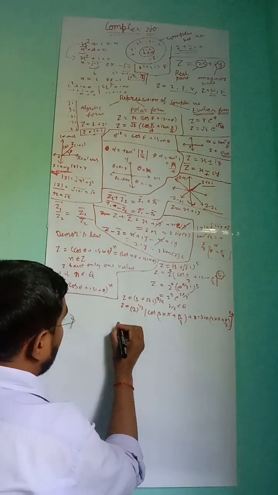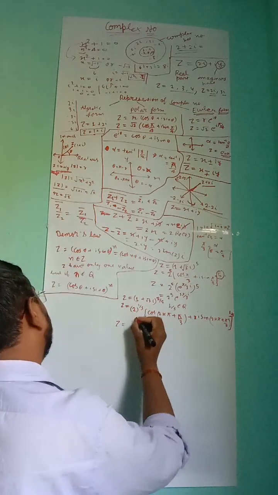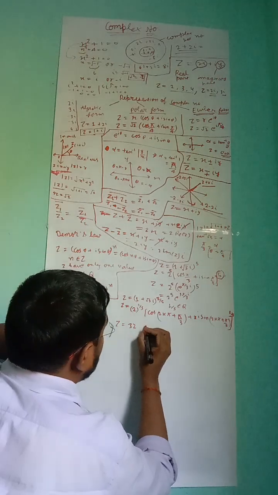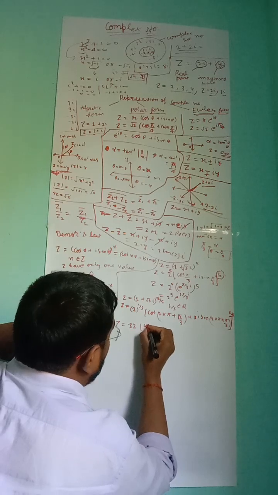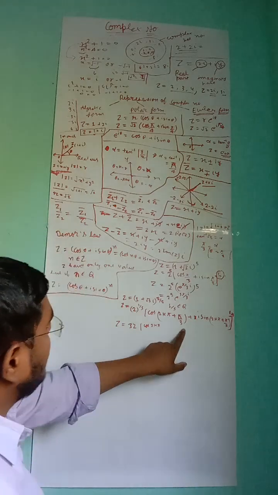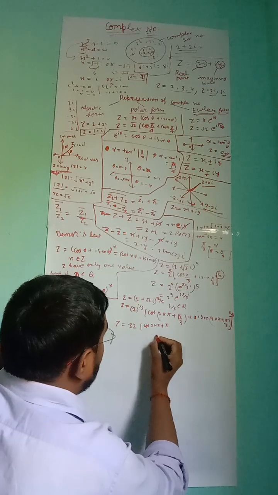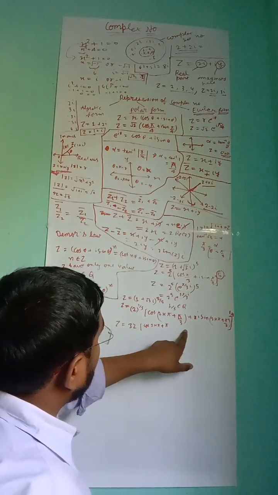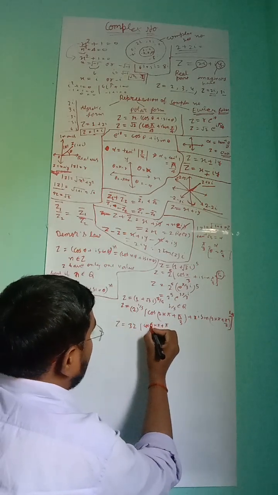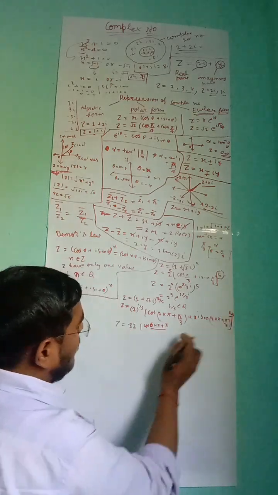Now z is 2 power 1 by 5, and this value is cos of (2k pi plus pi) by 3 times 5, which is 15.